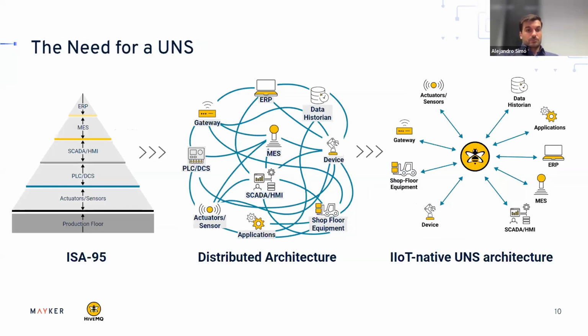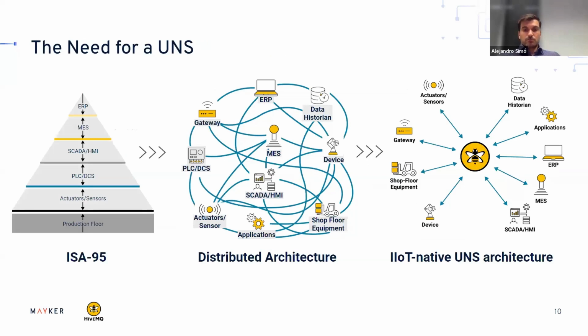And if we start from the ISA 95 automation pyramid, we can see that most manufacturers start with this kind of architecture from the bottom up with different layers of the automation pyramid.